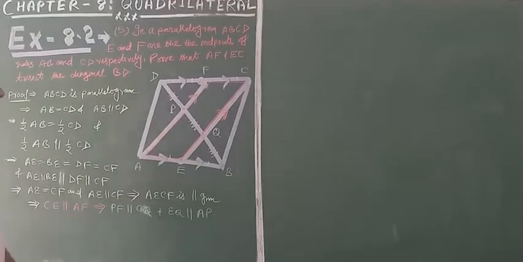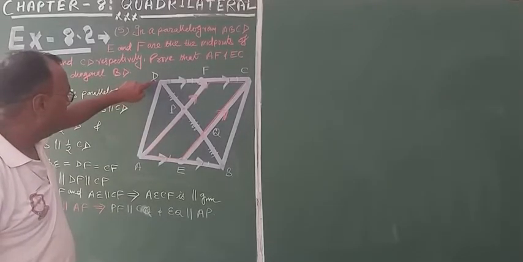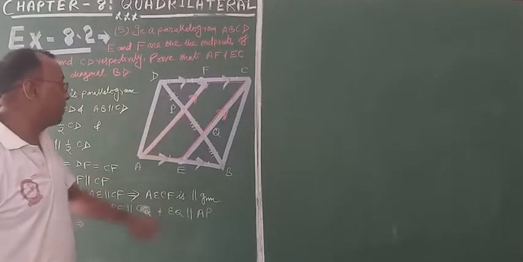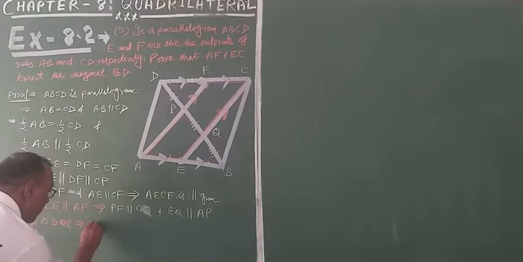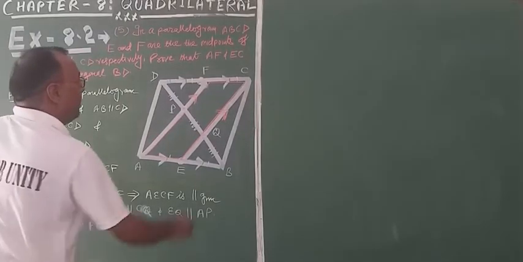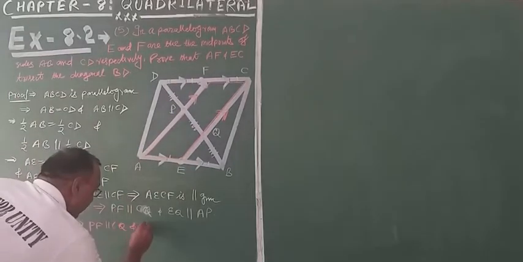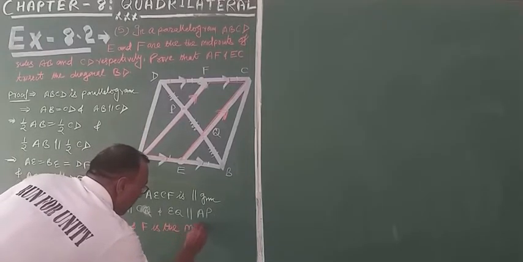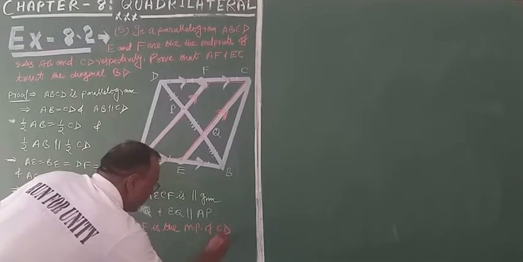Now in triangle DQC, just look here. What is there? PF is parallel to CQ, and F is the midpoint of CD.